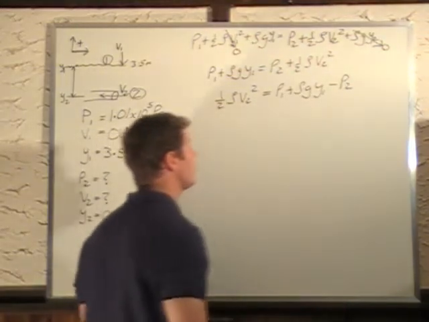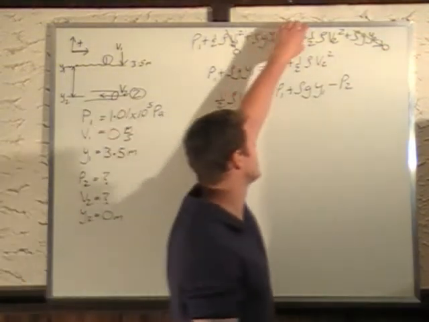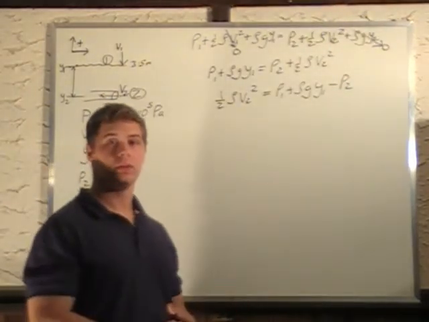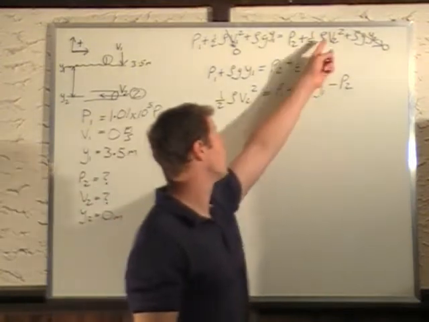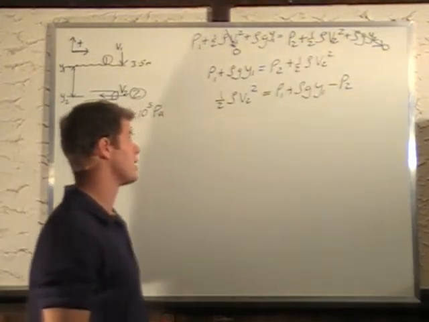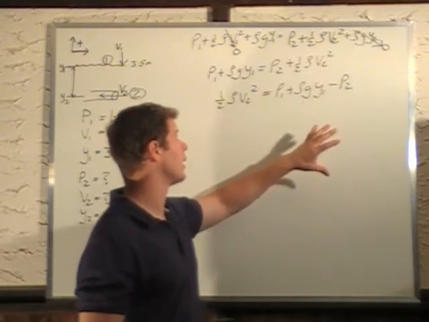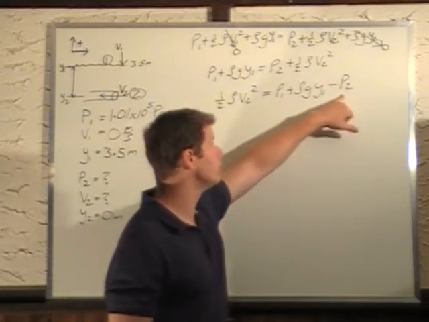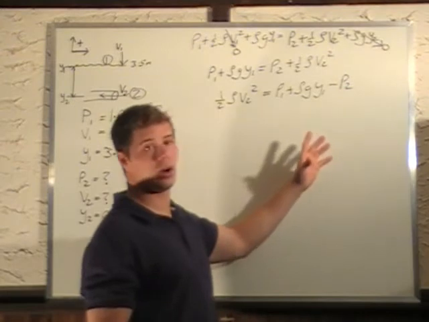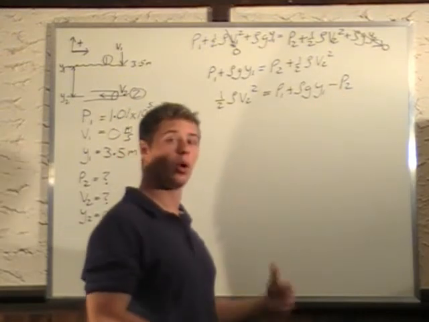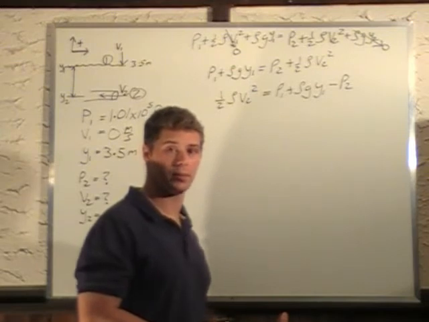Now, since this is a constant value, and we want V2 to be maximum, so we want our velocity to be maximum, that's what it states in the question, this term has to become a maximum. Now, P2 is going to be subtracted off the total. So the higher P2 is, the lower the velocity is.